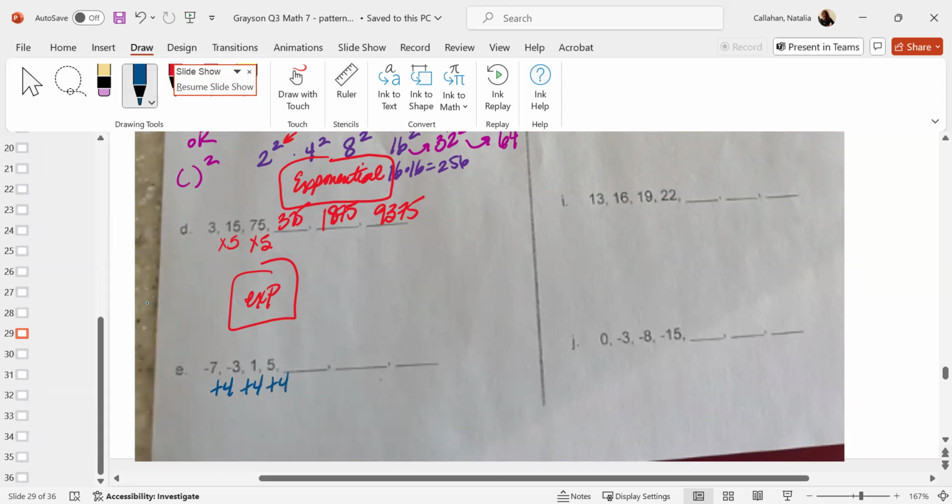Not times. We're not multiplying if it's small. I'm saying adding 4. Then you don't say times. Times implies multiplication. We're not multiplying. What's the next number after 5? What's your number?